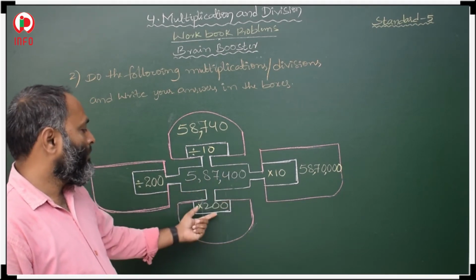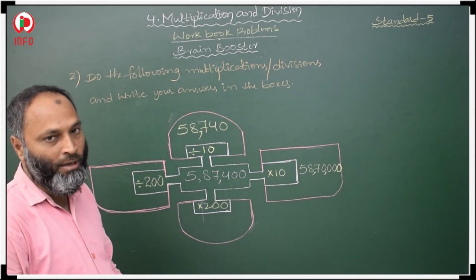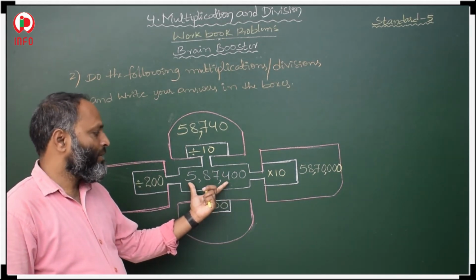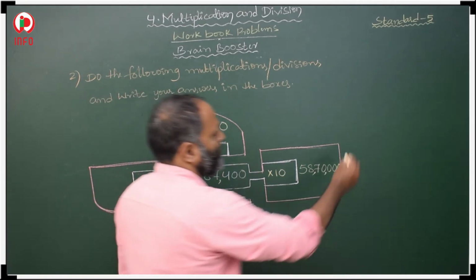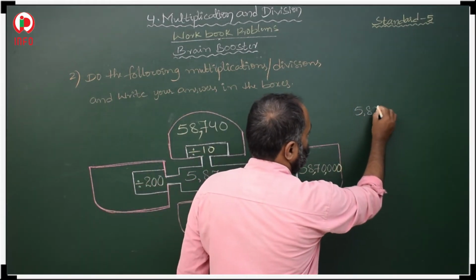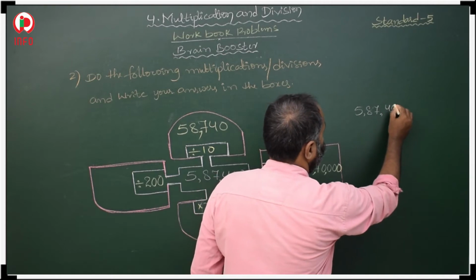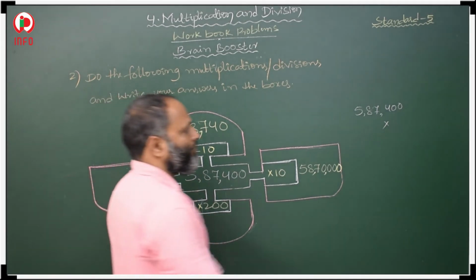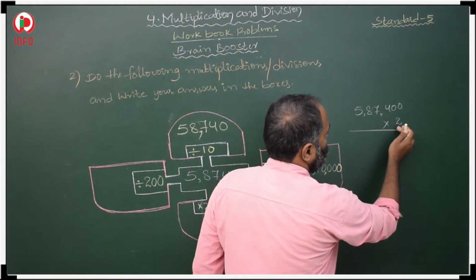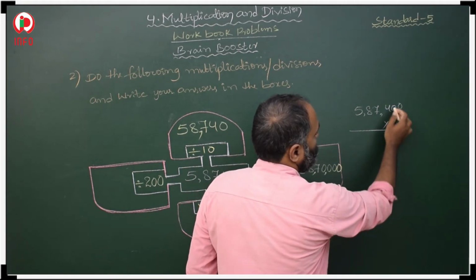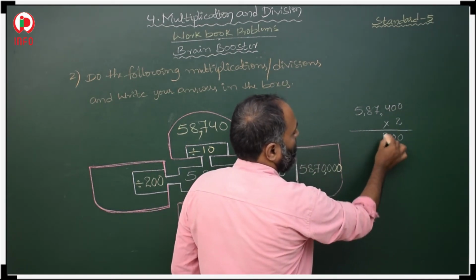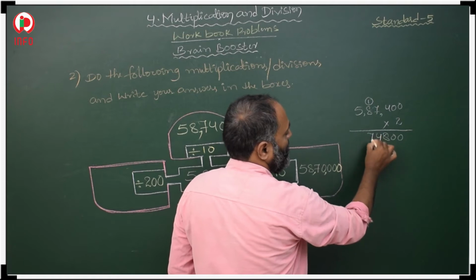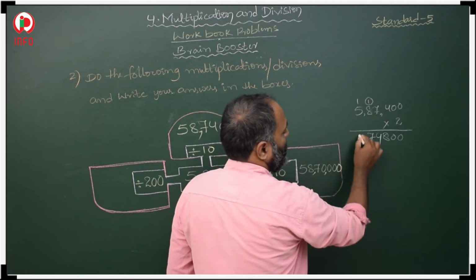Then here, 5,87,400 multiplied by 200. First we multiply the number that is there. Multiply 5,87,400 with 2. 2 zeros are 0, 2 zeros are 0, 2 fours are 8, 2 sevens are 14, 2 eights are 16 plus 1, 17, 2 fives are 10, 11.